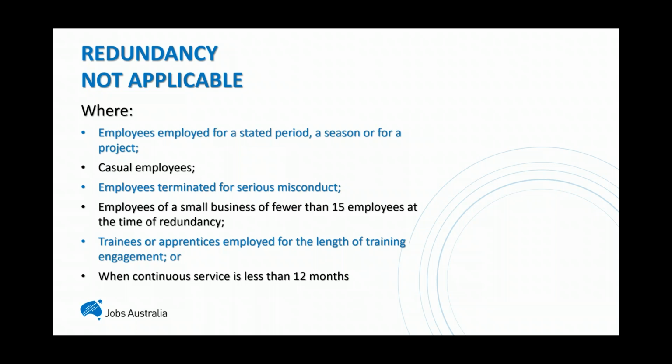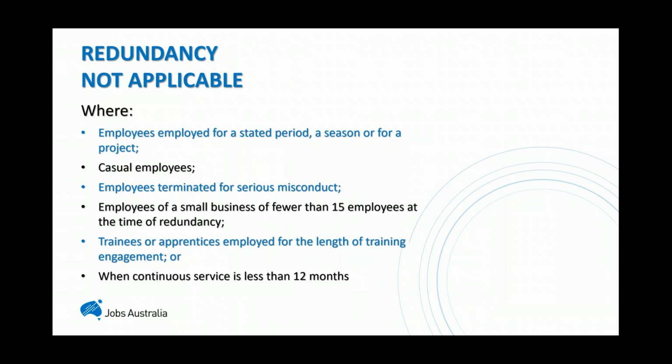So redundancy is not applicable where employees are employed for a stated period, a season, or for a project. Casual employees are not considered to be made redundant, so just bear that in your mind. Employees terminated for serious misconduct.